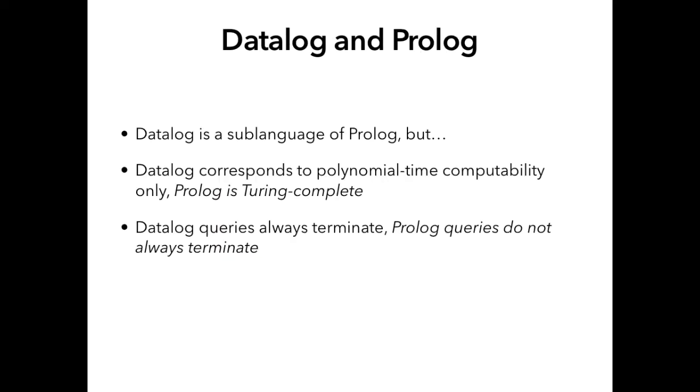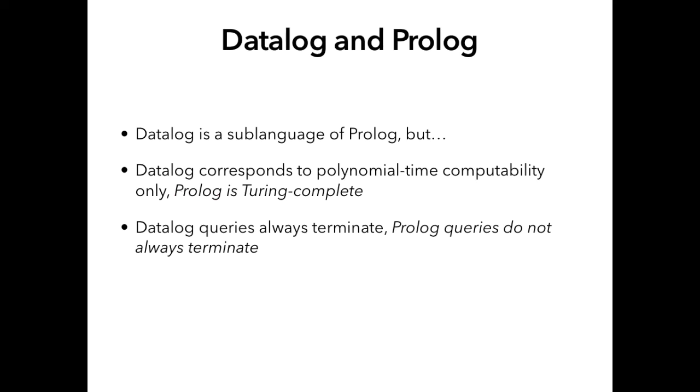So the first thing to notice is that, as we've seen, Datalog is a sublanguage of Prolog, but Datalog corresponds to polynomial time computability only. Prolog is Turing complete, and because some problems are not polynomial time computable, then we know that there must be something more out there. And that's the algorithmic power of Prolog.